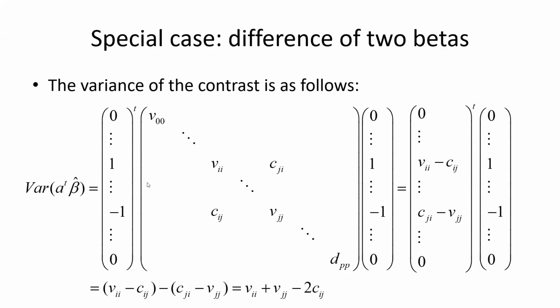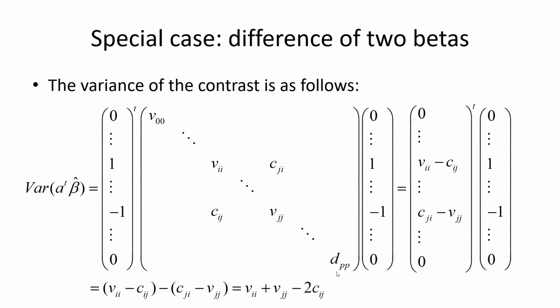So if we pre-multiply by the transpose, we get this vector. We post-multiply by the A there, then we get this difference, and then we have the two variances add up. There's a minus minus here, and then given that Cij equals Cji, we have minus twice the covariance.